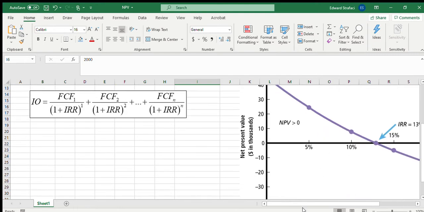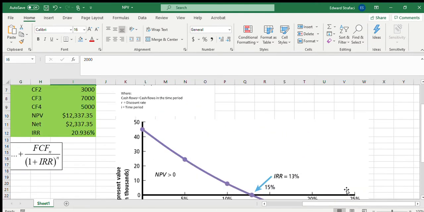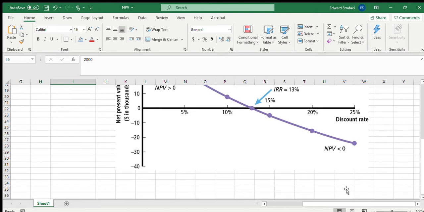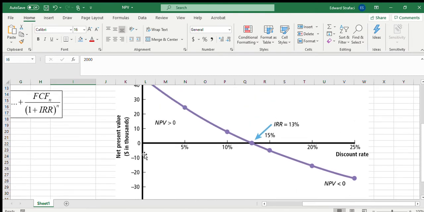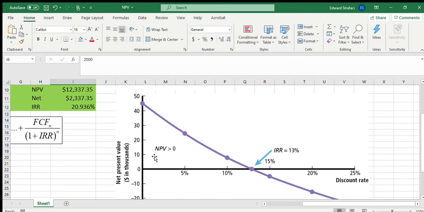You notice with this graph that with a low discount rate, we're getting a much higher net present value. But once we hit that zero coordinate, that would be our internal rate of return because there's no return.